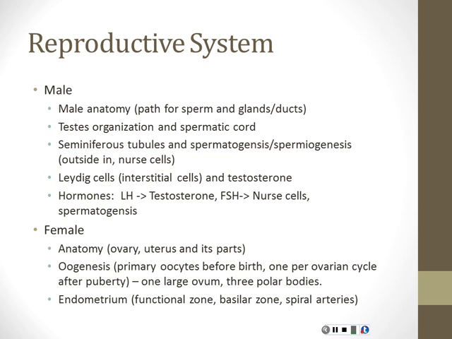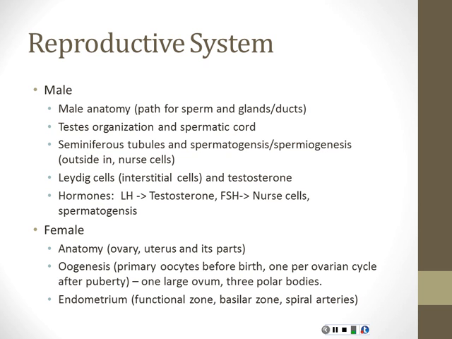The testes kind of hangs on the spermatic cord that comes out of the abdomen. And in there are arteries, veins, nerves, and vas deferens, right? Clinically relevant because it's involved in hernias, surgery and hernia problems, as well as undescended testes like we talked about.